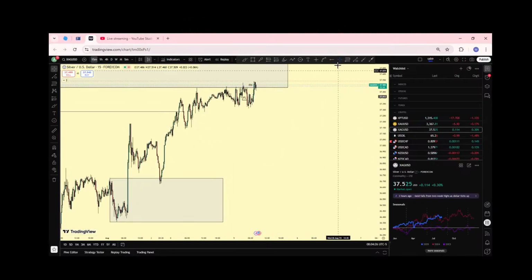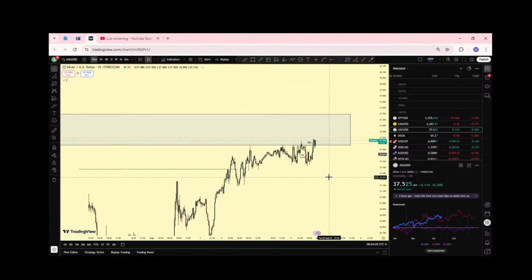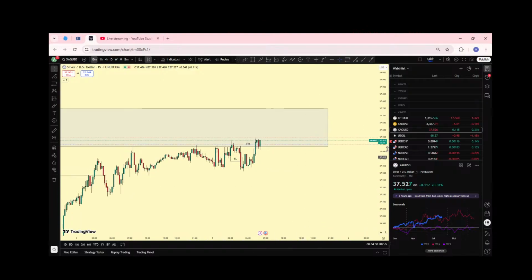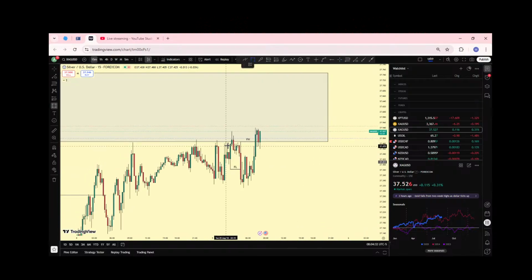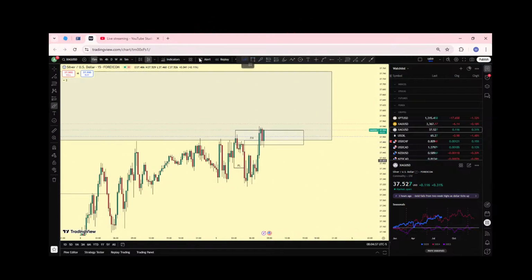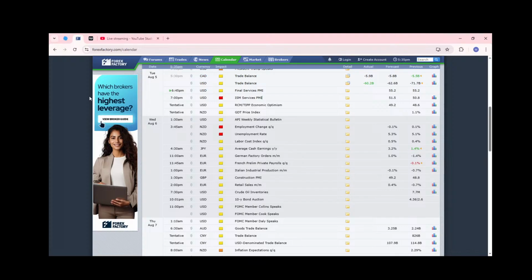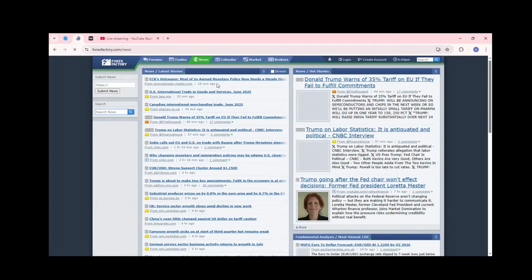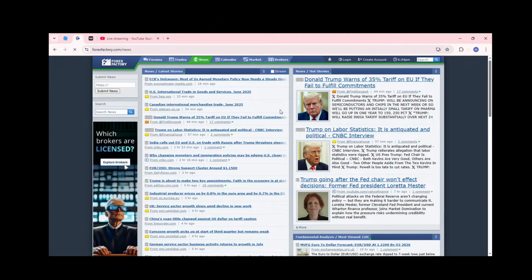Let's have a look at silver. I was keeping an eye on this overall 15-minute area of imbalance, which is our area of supply. After this news, I think Trump said to raise 35% tariffs. Yes, okay, 35% tariff on the EU if they fail to fulfill the commitment.